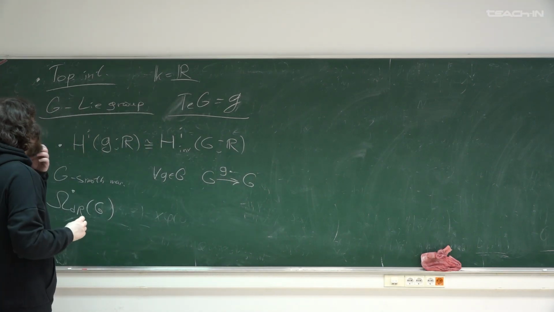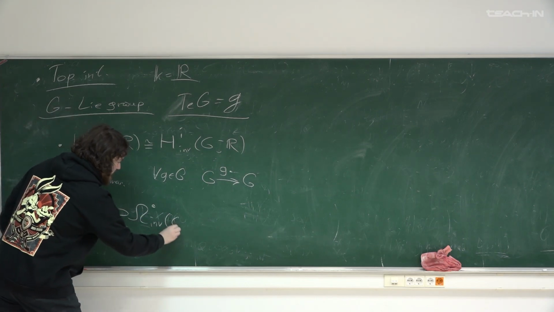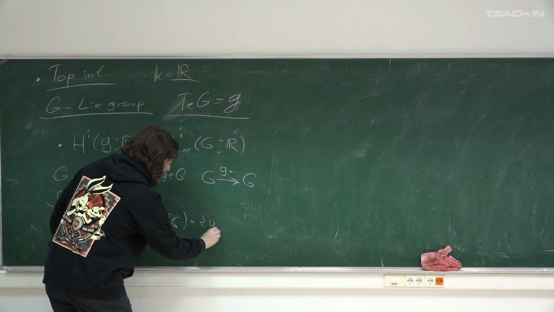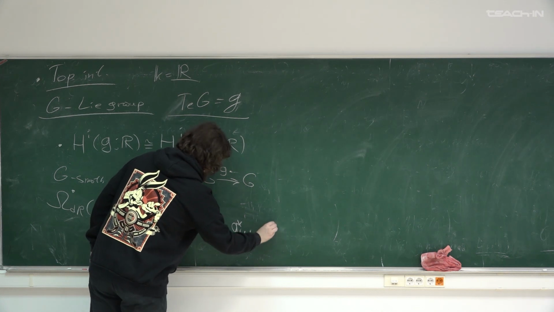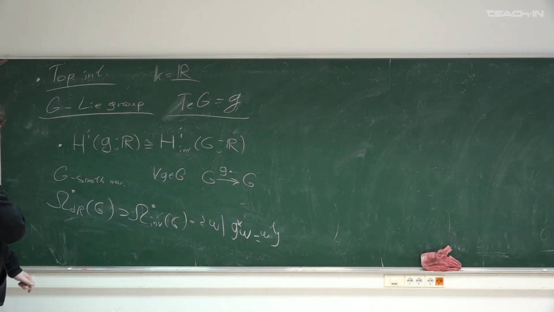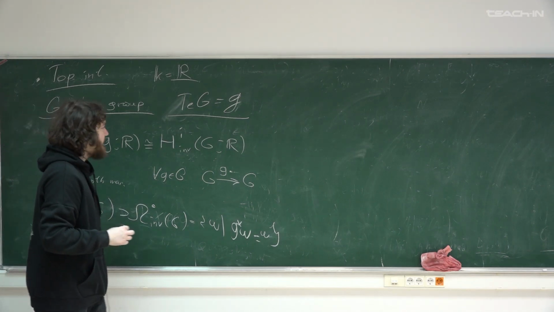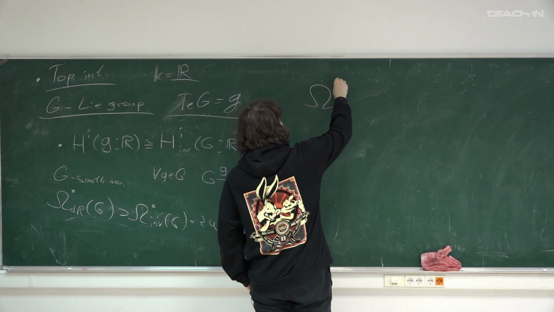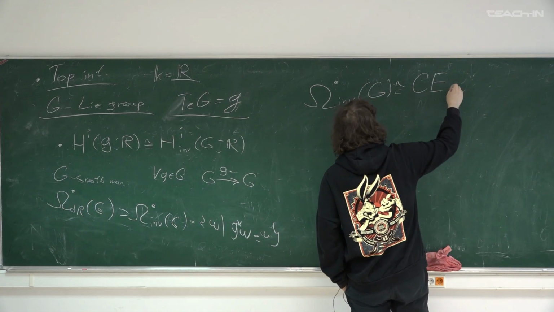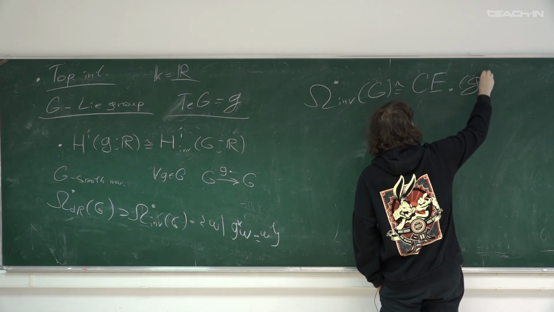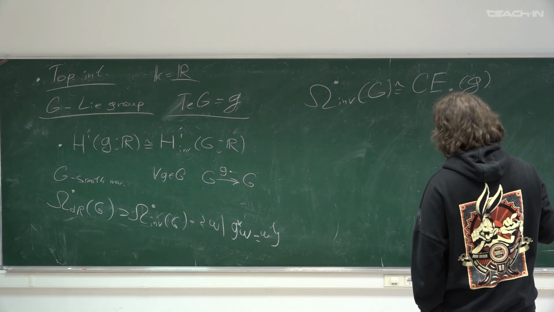Now the invariant forms form a subcomplex, consisting of forms which are invariant, so the pullback of omega is just omega. And this subcomplex is, in fact, isomorphic to the Chevalley-Eilenberg complex of G.